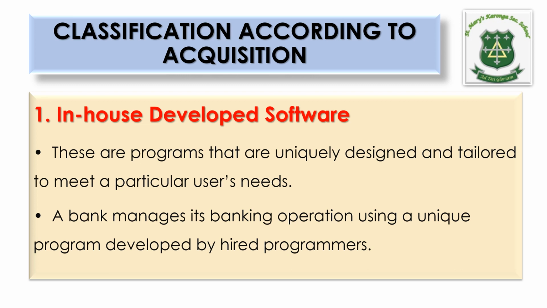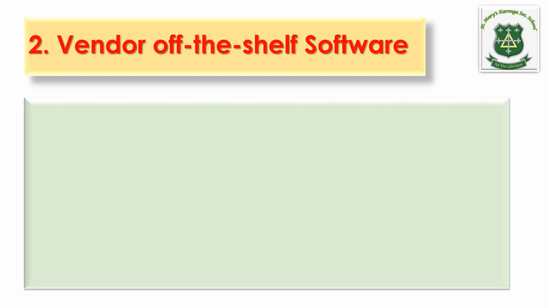So when you go to the bank, the software that they are using there, you cannot use it anywhere. It is just for the bank. So that one is called in-house software.